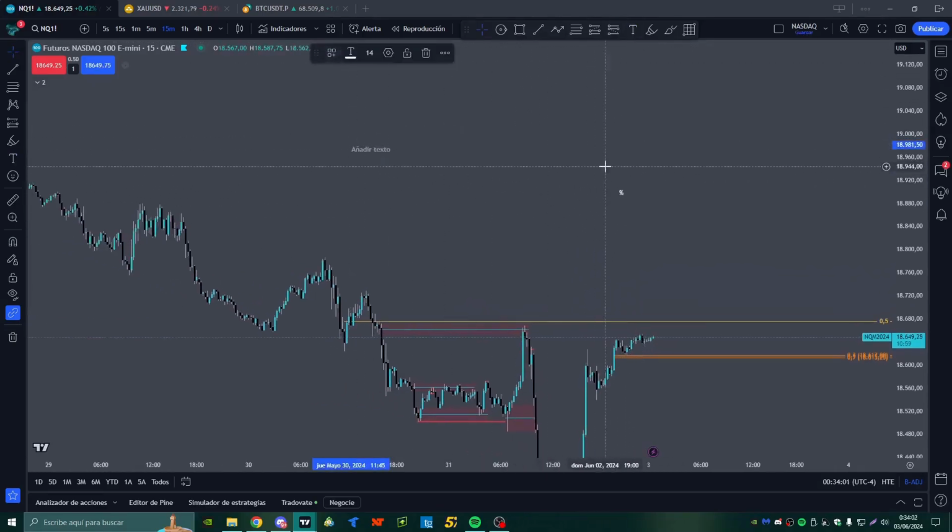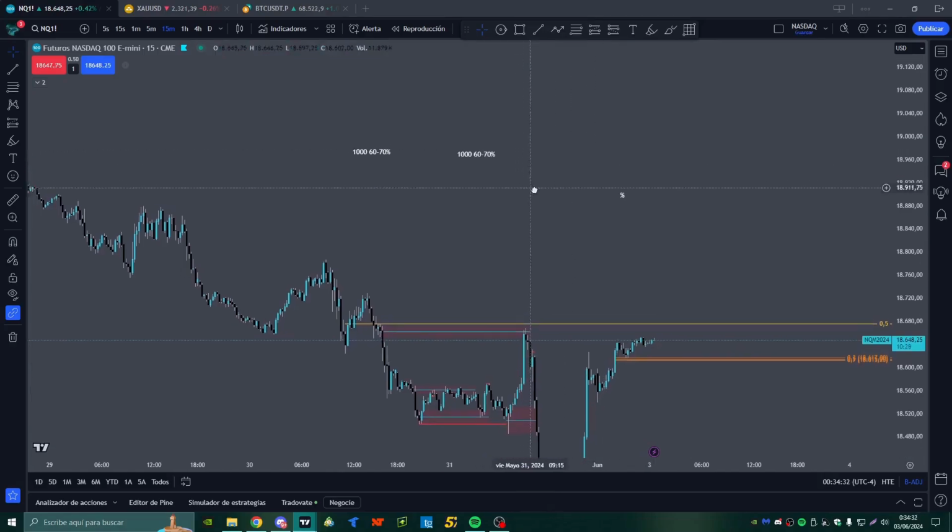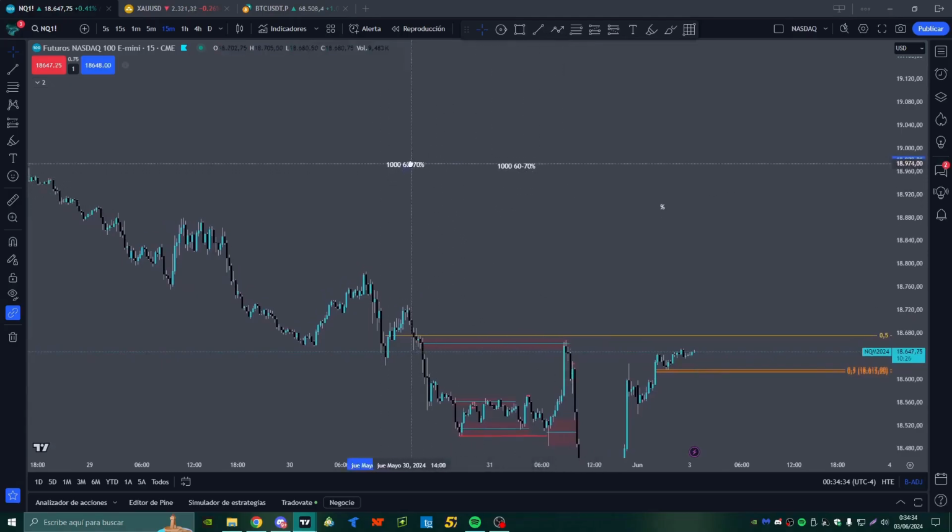Because if I have a system that gives me 1000 trades and it had, I don't know, a 60 to 70% win rate during those 1000 trades, but this is data from 5 years, and I have this same system that also gives me those 1000 trades, but it's 2 weeks of data and it has that same 60-70% win rate, that is better for someone who is looking to capitalize.